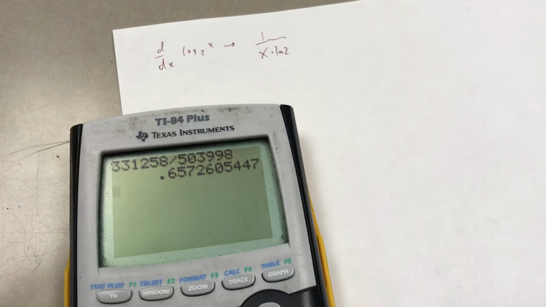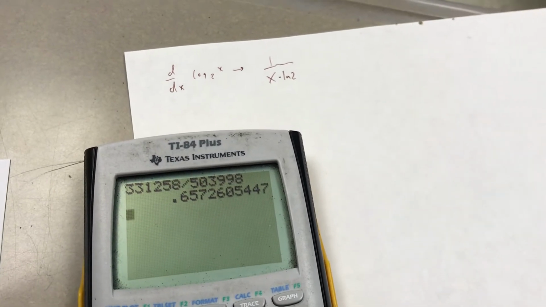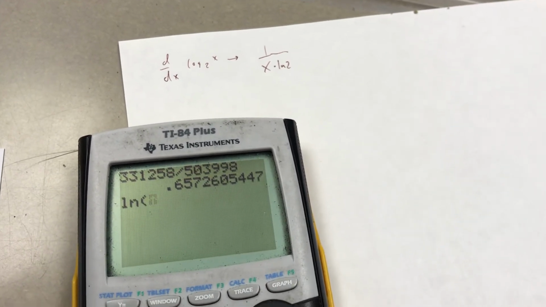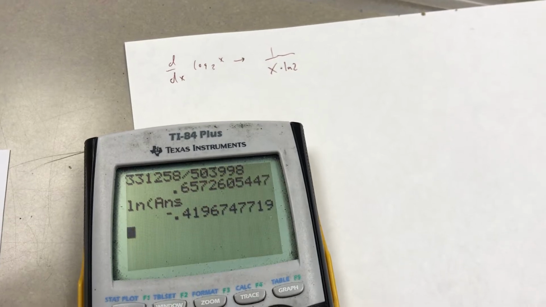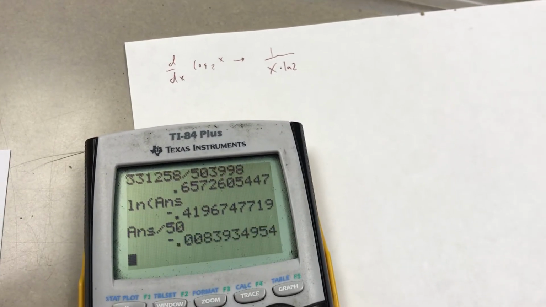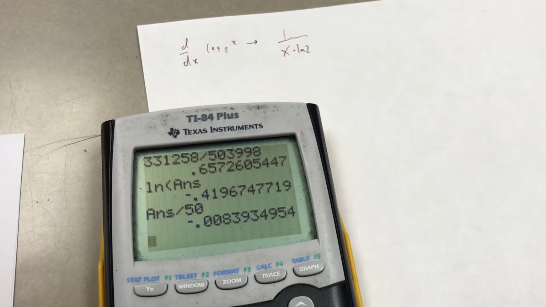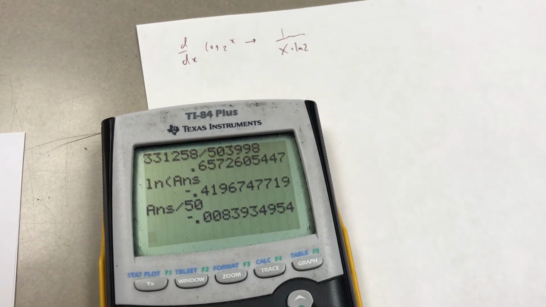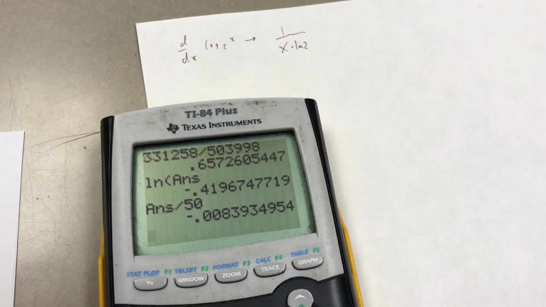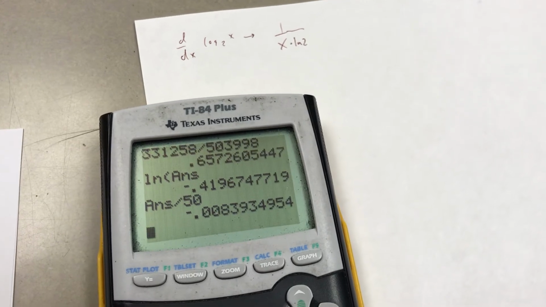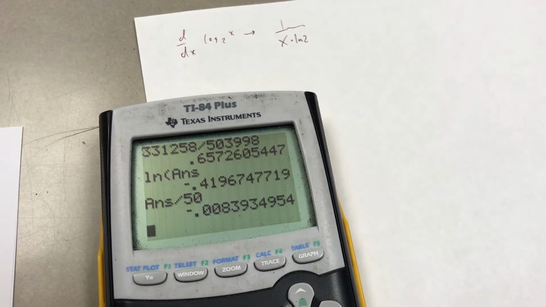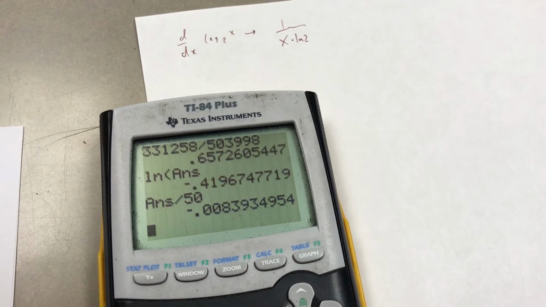So I'm going to take the natural log of that previous answer and then divide that by 50. This is a decay function, so our k value here is going to be a very small decimal, negative 0.0083935.